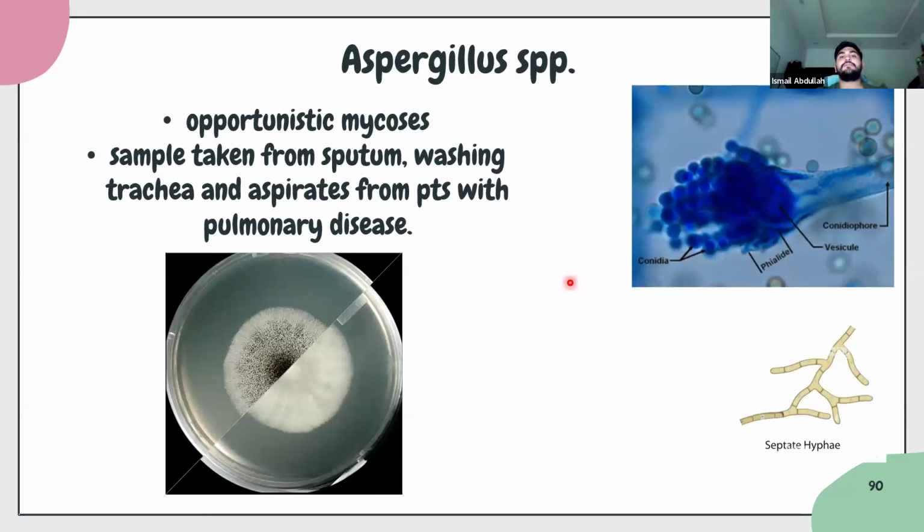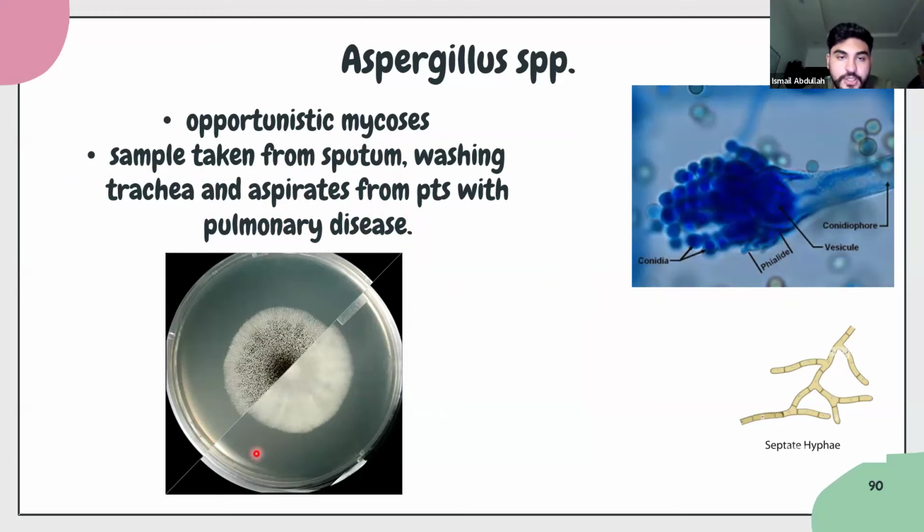Then we move to Aspergillus. Aspergillus species, again, are opportunistic. The infection is usually in the lungs, the respiratory system. So they usually take samples from the sputum, or from washing the trachea, or even aspirates from patients with pulmonary disease.